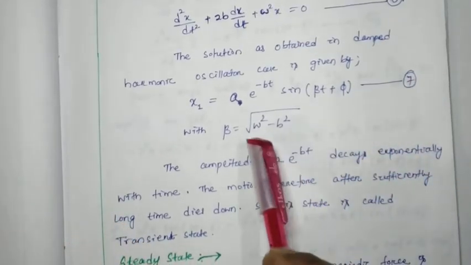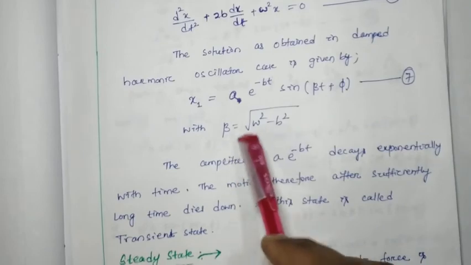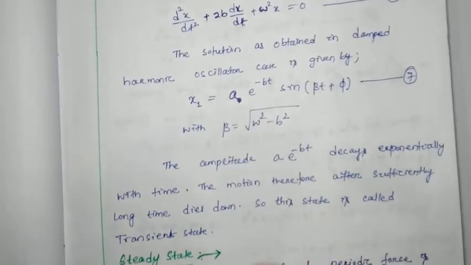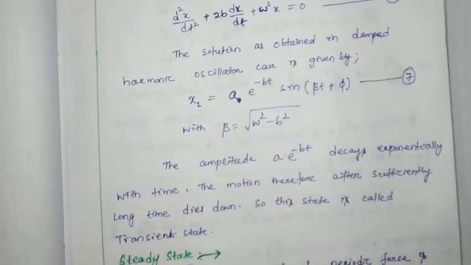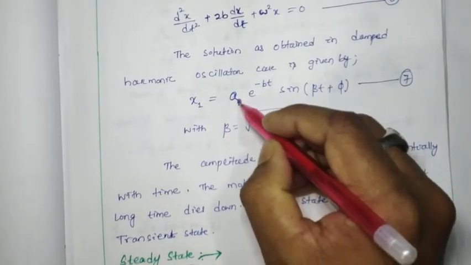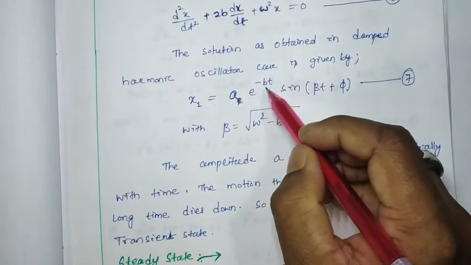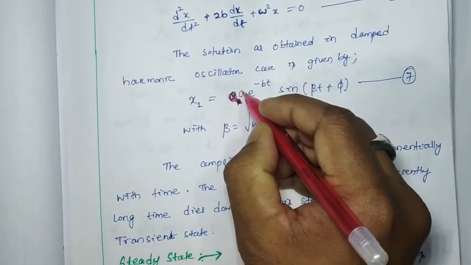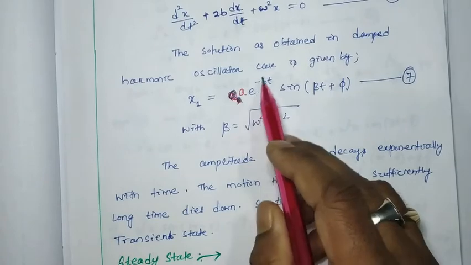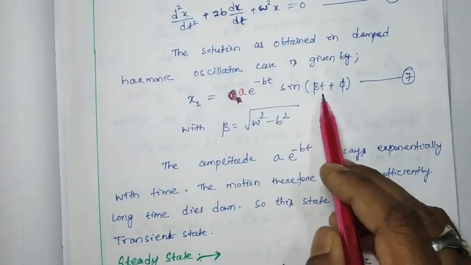So here beta is the square root of omega square minus b square, and the amplitude is a, not a0. A e to the minus bt, okay, a e to the minus bt sin (beta t plus phi).